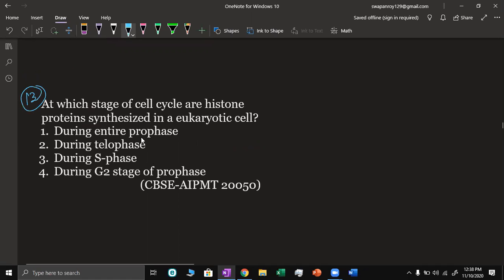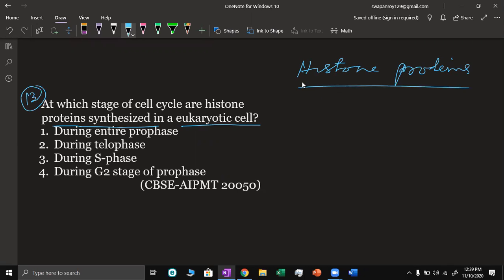Next question: at which stage of the cell cycle are histone proteins synthesized in a eukaryotic cell? Histone proteins are special proteins associated with the DNA.